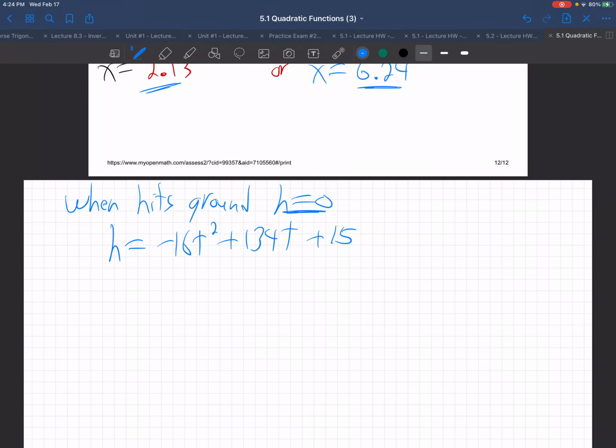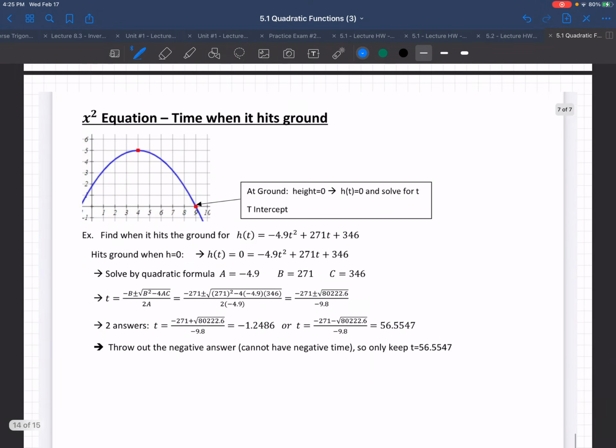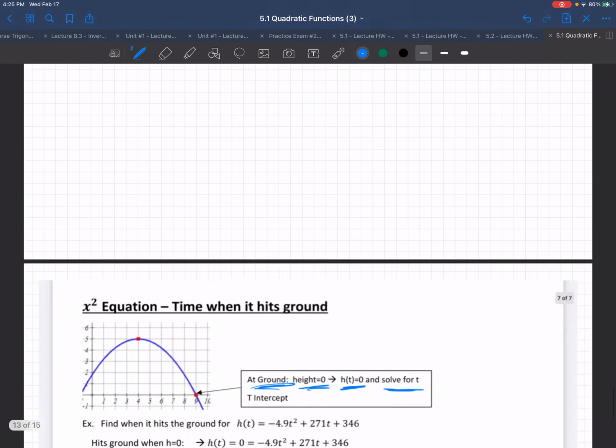And I plug in h is 0 right there, and I solve for t. And this is in the notes as well. When something hits the ground, the height is 0.